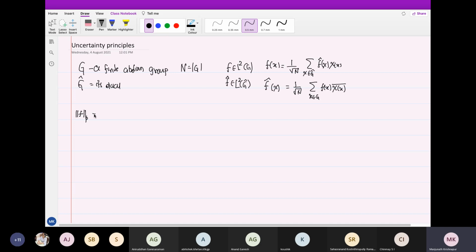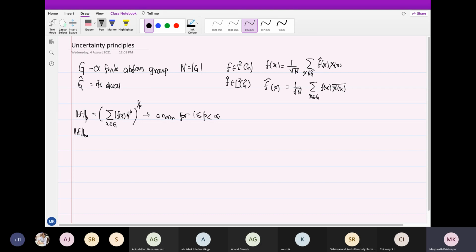Norm f sub p is the sum of |f(x)|^p, the whole thing raised to the 1 over p. This is a norm for 1 less than or equal to p less than infinity. There is also an infinity norm. For p less than 1, this is not a norm. These are really norms on Cn if you want.